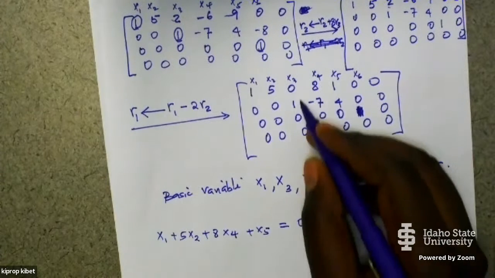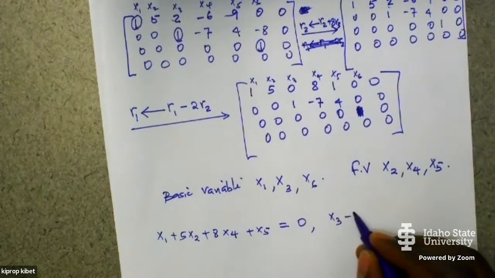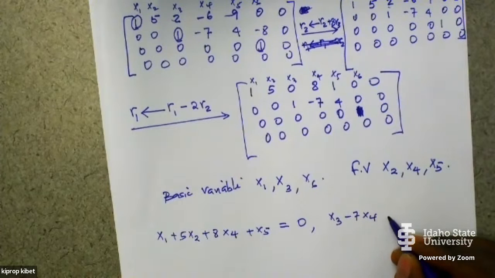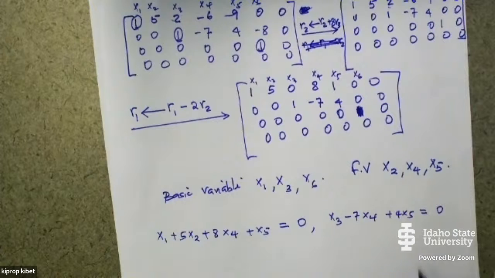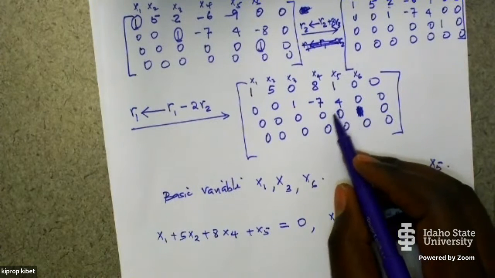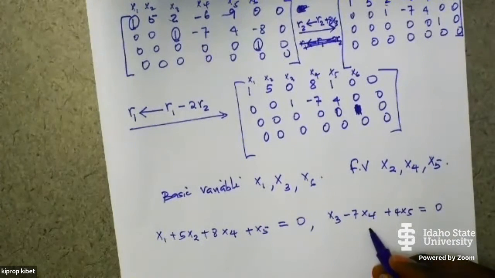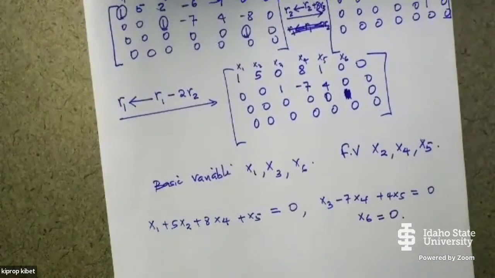Then the next one is x3 minus 7x4 plus 4x5 equals 0. And lastly, our x6 equals 0.